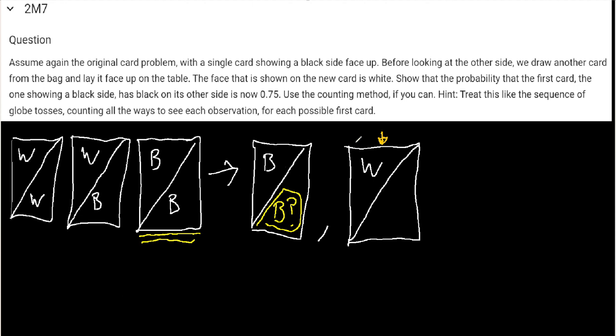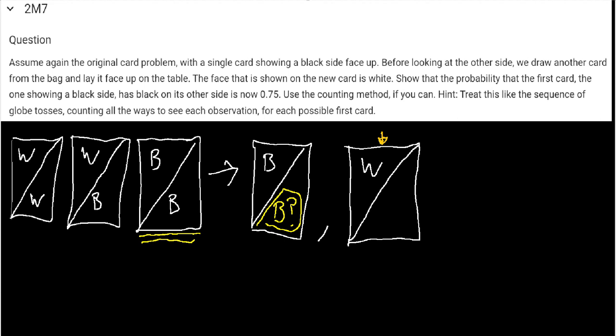So these two observations are not independent. They're dependent. So for example, if the first card that I pulled out was the white-black card and I just happened to see the black face, this white face could not be the white-black card. Why? Because I've already pulled the white-black card.